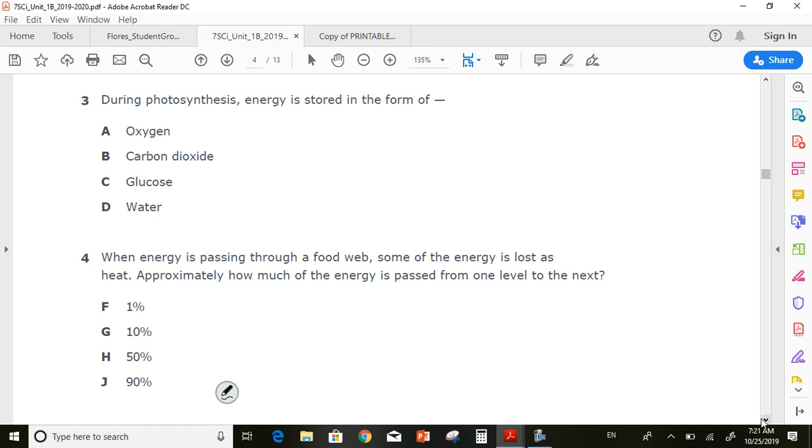Number 3, it says during photosynthesis, again the word photosynthesis, food for plants, energy is stored, it's kept, it's saved, in the form of what?